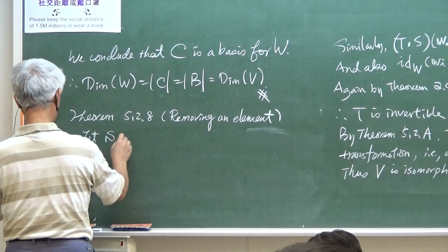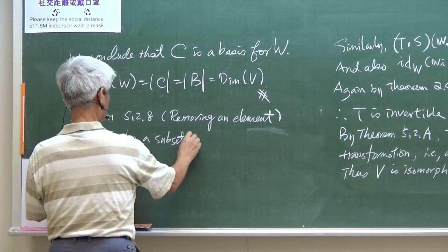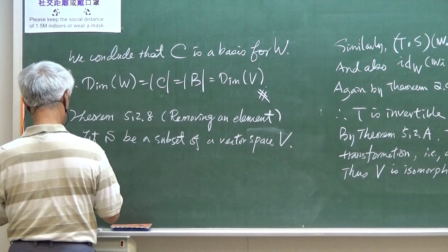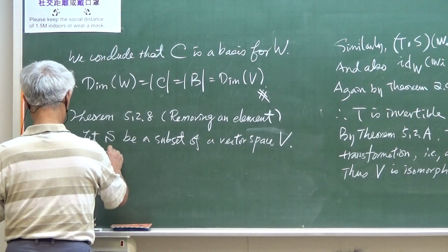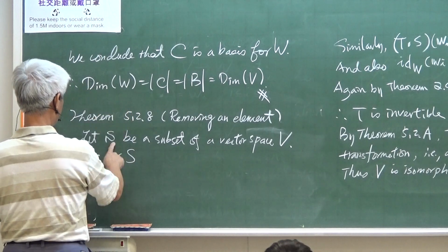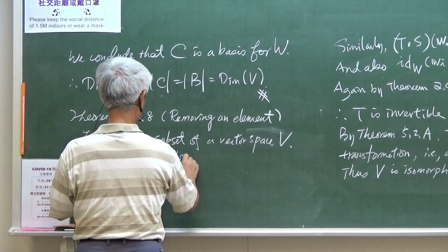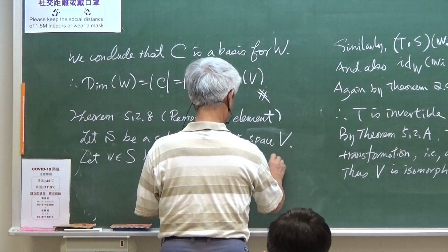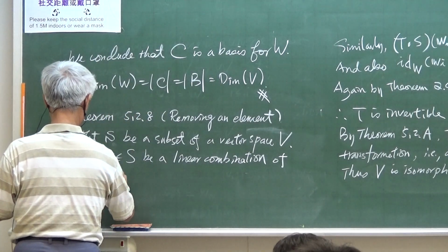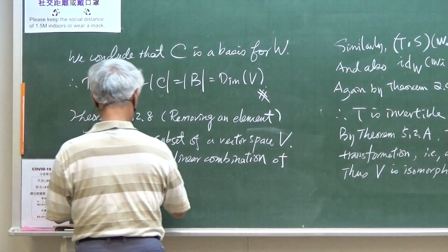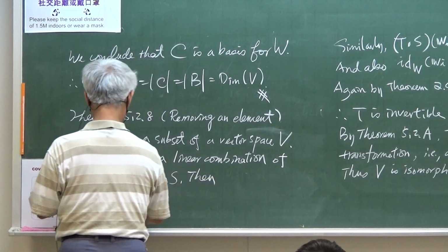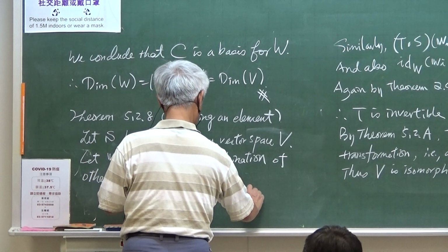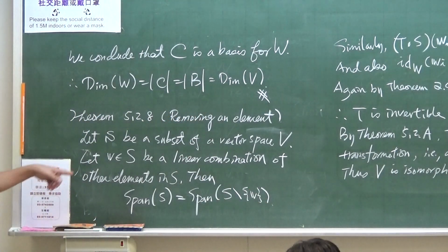Now let S be a subset of a vector space V, and let v, an element in the set S, be a linear combination of other elements in S. Then the span of S is equal to the span of S with v deleted.